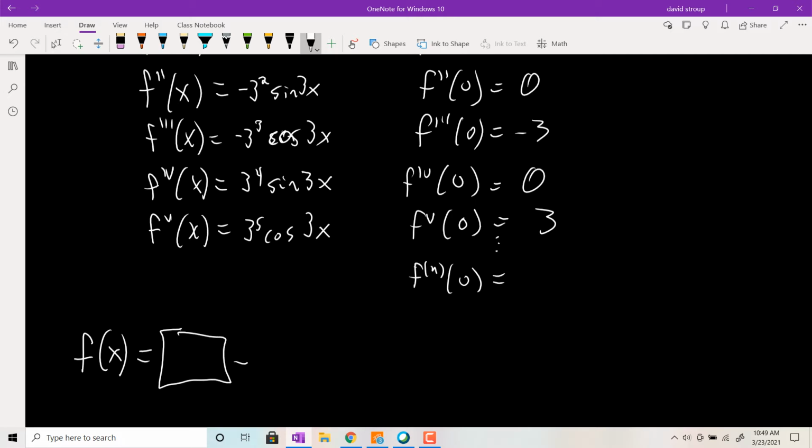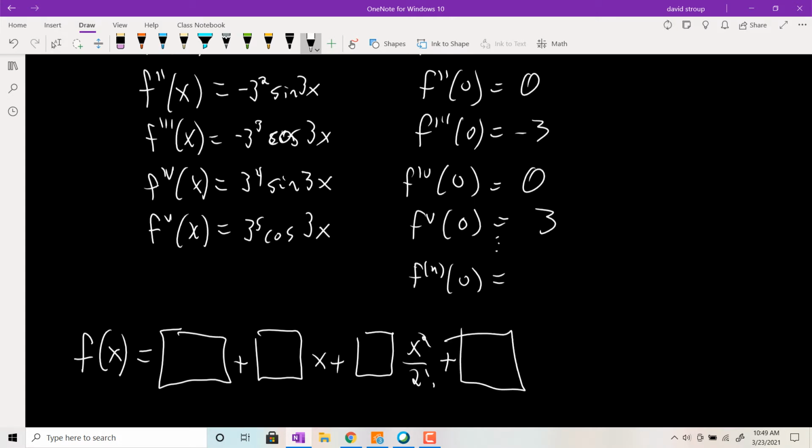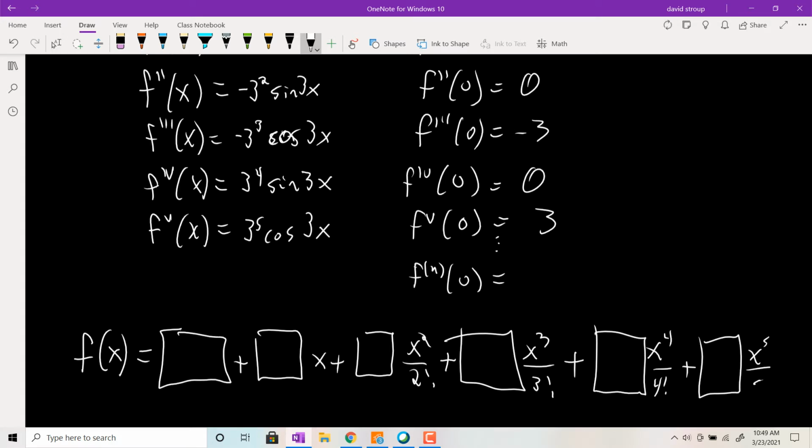So blank plus blank x plus blank x squared over 2 factorial plus blank x cubed over 3 factorial plus blank x to the 4th over 4 factorial plus blank x to the 5th over 5 factorial plus on and on.